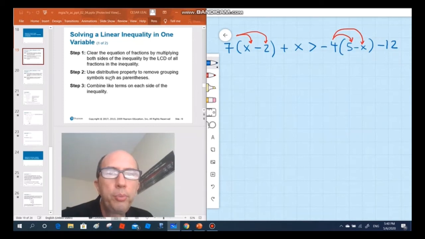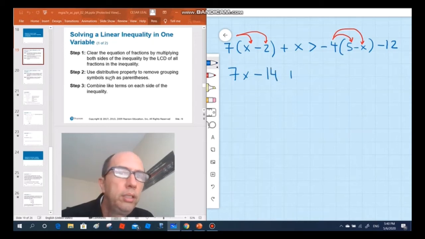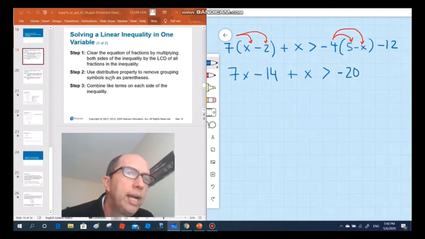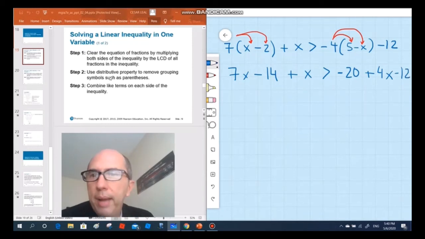Using distributive property, we're going to have 7x, 7 times negative 2, negative 14, plus x greater than negative 4 times 5, negative 20, right? Negative 4 times negative x, positive 4x, minus 12. Perfect. Next step. Check the step by step here.